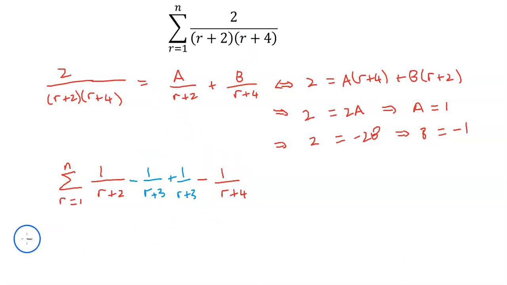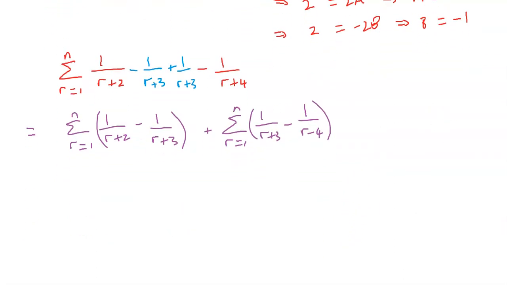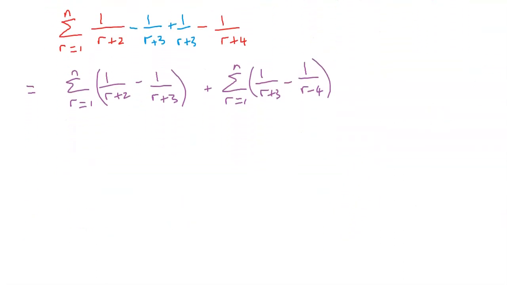Okay, and so then that is equal to the sum from r equals 1 to n of 1 divided by (r+2) minus 1 divided by (r+3), plus the sum from r equals 1 to n of 1 divided by (r+3) minus 1 divided by (r+4), just by the distributive property of the summation.